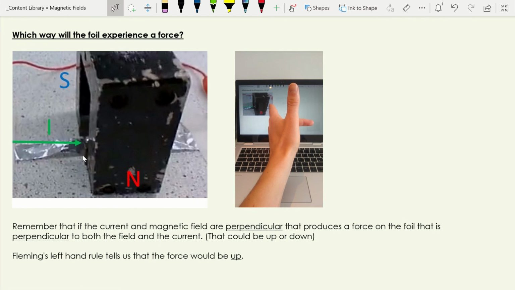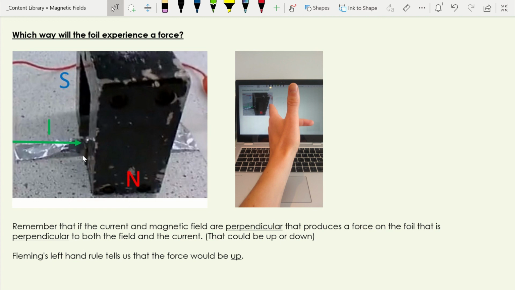So first key thing to remember, something that causes people a few issues, is if you have current and magnetic fields that are perpendicular, that will produce a force that is perpendicular to both the field and the current. And what that means is the force can't possibly be to the right, it can't be to the left, because that would make the force parallel to the current.